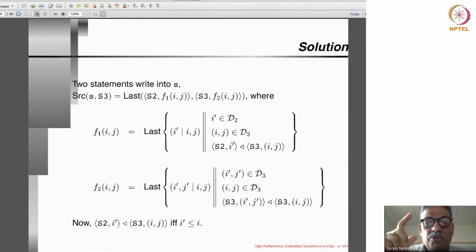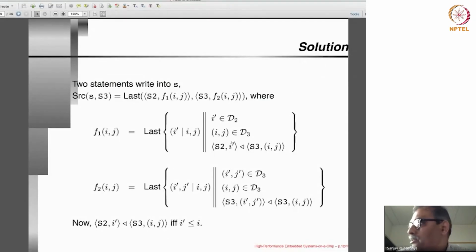It is f1, which is some new function that I'm inventing, f1 of ij, the instance of statement S2, or f2 of ij, the instance of S3. It is actually the later one of those two. That means eventually the lexicographic max of these two functions, where each of the functions f1 and f2 that I introduced on the first line are defined as follows. F1, remember, F1 is some instance of statement S2.